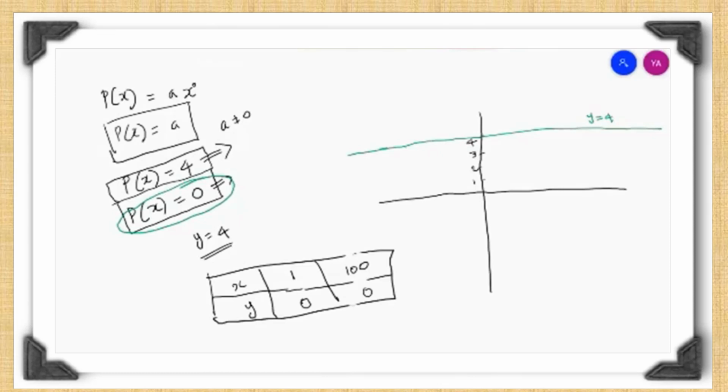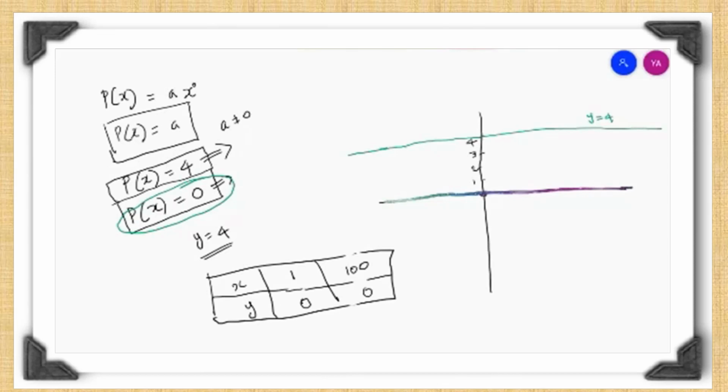So if you take the two points (1, 0) and (100, 0) and join them, the graph will be on the x-axis. So the x coordinates of all the intersecting points, every point on the x-axis, are zeros.